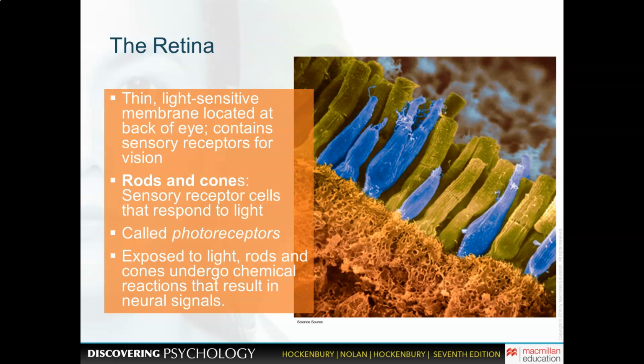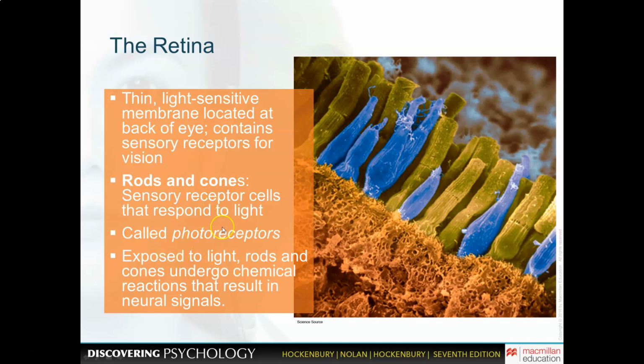Now our retina is at the back of our eye. That is the part that is in the very back wall of our eye. We have what's called rods and cones, and those are sensory receptors that respond to the incoming light. This is an enlarged image of rods and cones in the human eye.